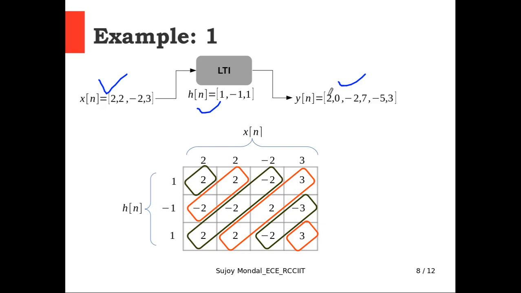Then y of 0 is the number on the top of the strip, y of 1 comes on the top of the next strip. In that way we can compute the output. So this is the linear convolution output. If we check this output, just sum over the diagonal strips, and you will come out with the result.